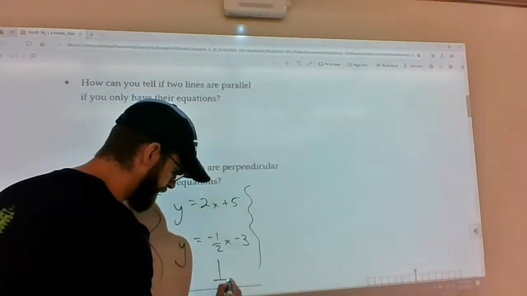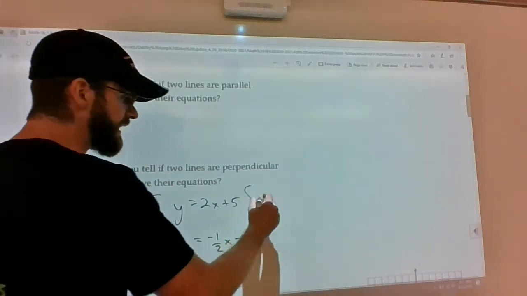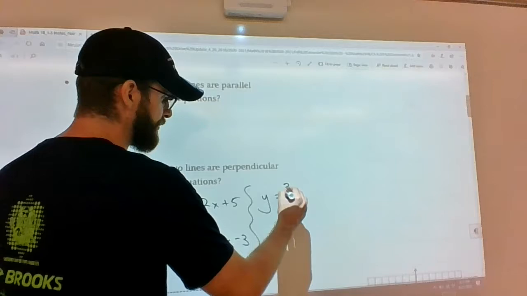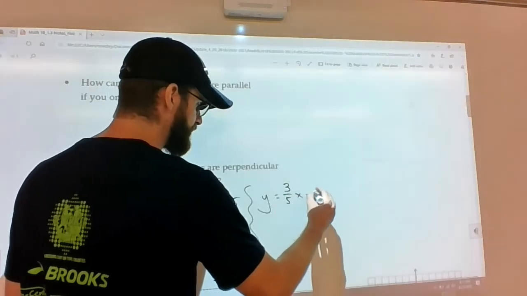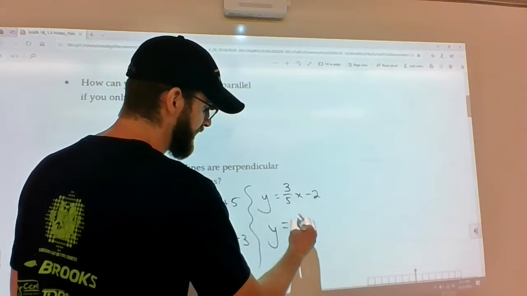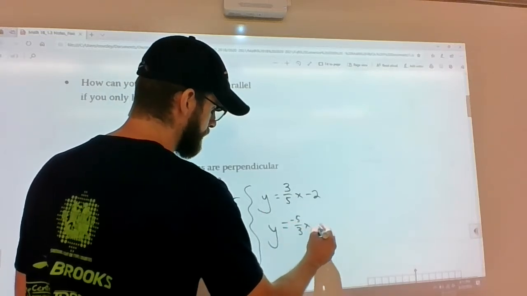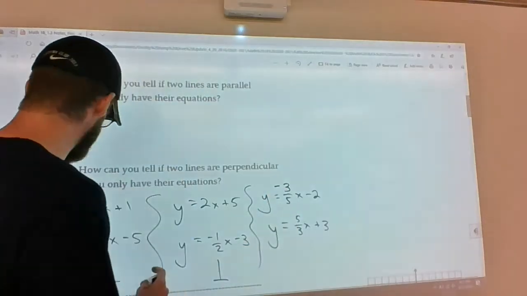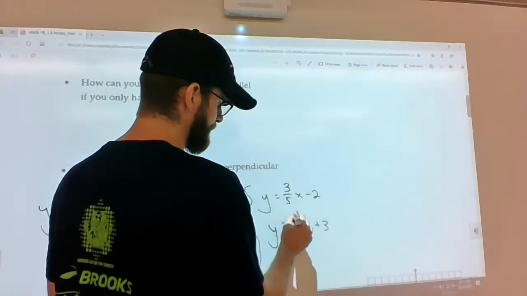Those are perpendicular. Y equals 3/5 x minus 2 is perpendicular to y equals negative 5/3 x plus 3. You know what? I'm going to switch that. Make the negative 3/5. No, I'm not going to switch it. I'm going to leave it.